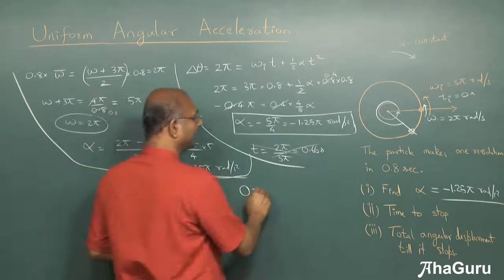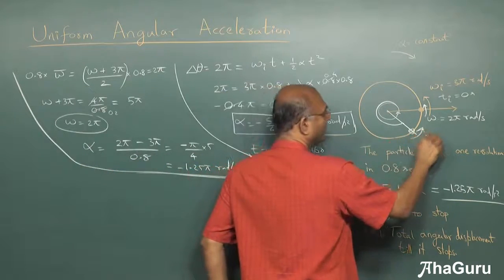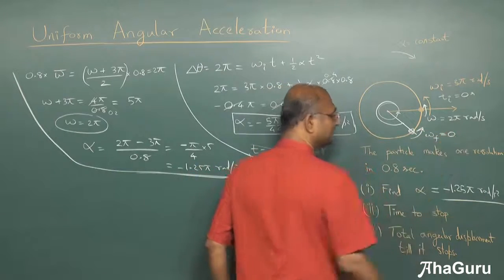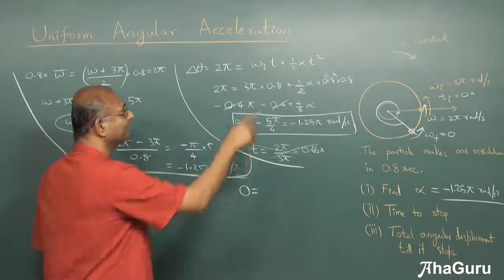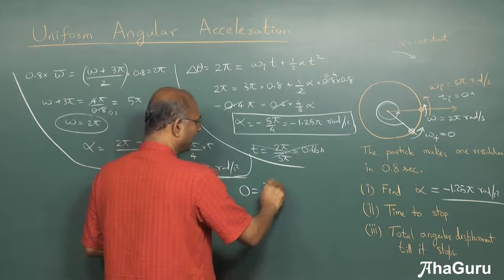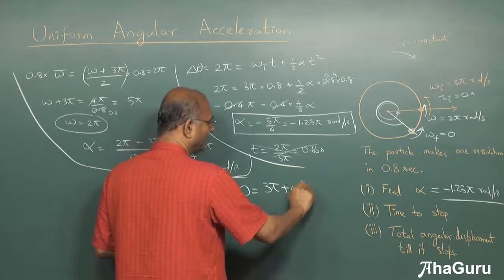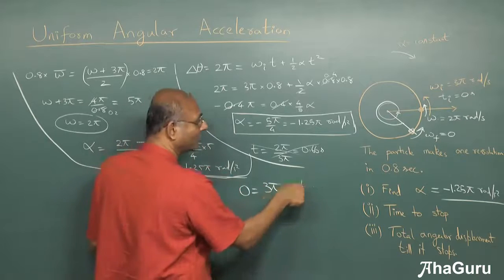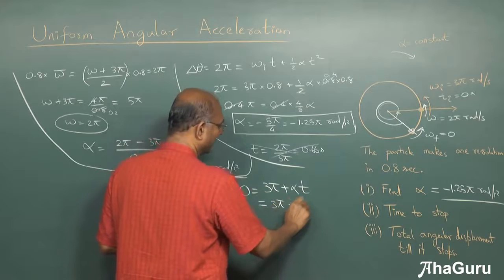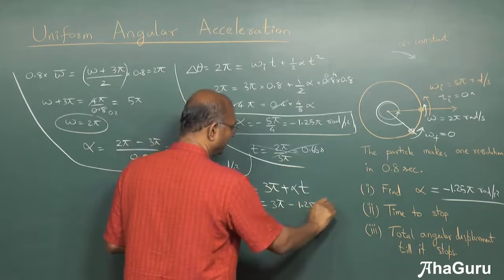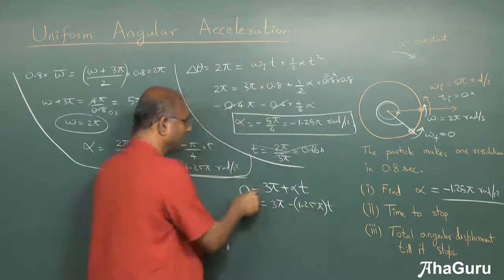Final angular velocity here will be 0. Omega final is 0 because it stops. Right? But omega final must be omega initial plus alpha into t. But you already know alpha is minus 1.25 pi. So this is 3 pi minus 1.25 pi into t. This is equal to 0.